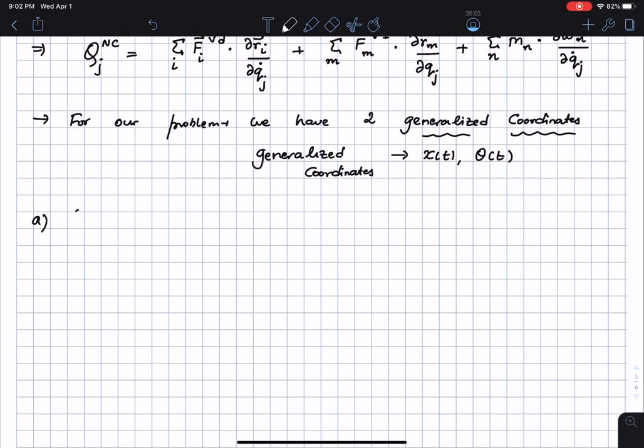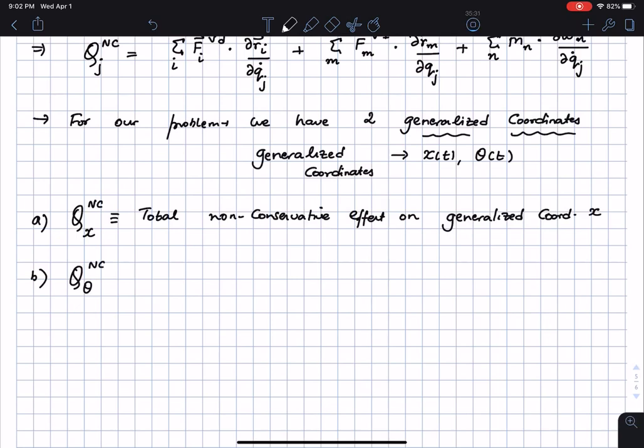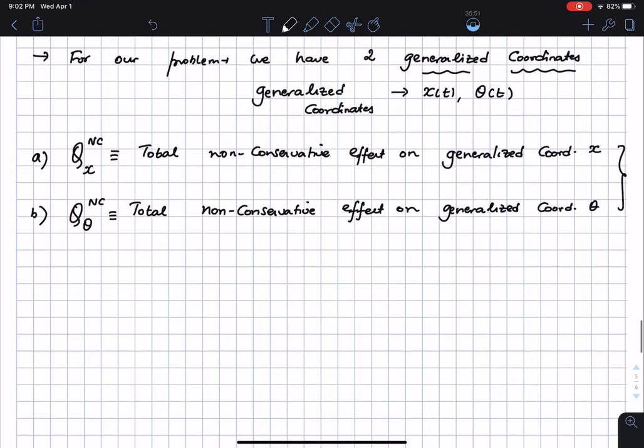Starting from Q_x non-conservative, this is the total non-conservative effect on generalized coordinate x, and then likewise we're going to say Q_theta non-conservative is the total non-conservative effect on generalized coordinate theta. All right, so now let's start listing everything out.